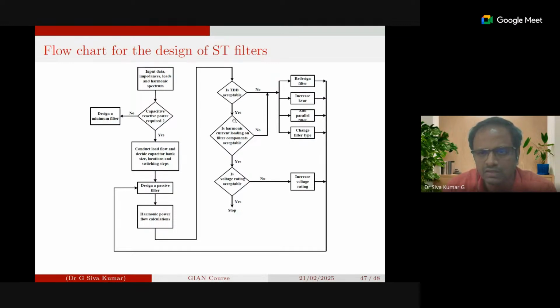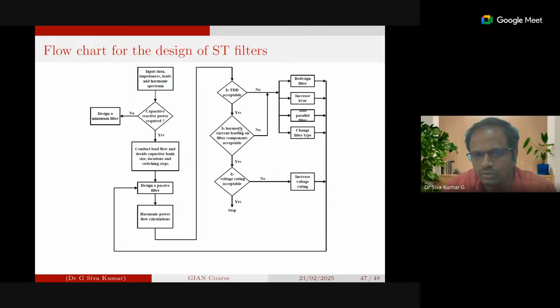If yes, then we check whether the harmonic current loading on the filter components is acceptable or not. All the current-related loading we need to estimate. If yes, we go for checking whether the voltage rating is acceptable or not. If yes, we can finalize this design.